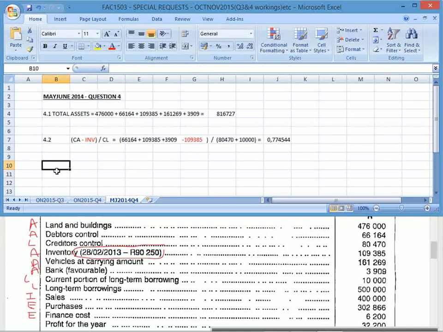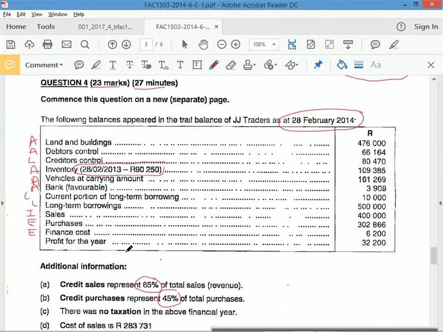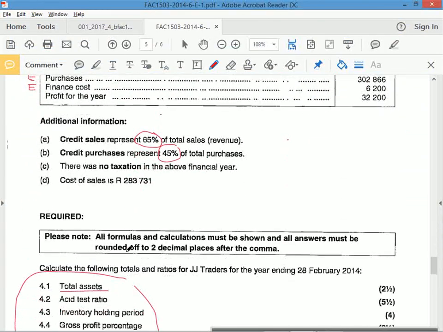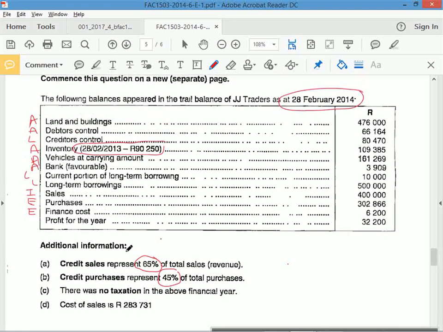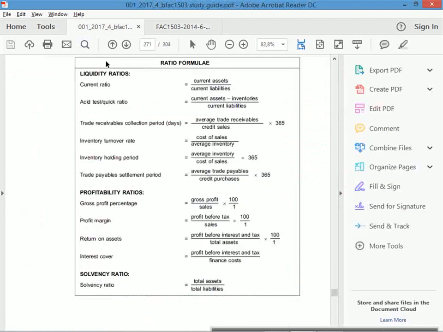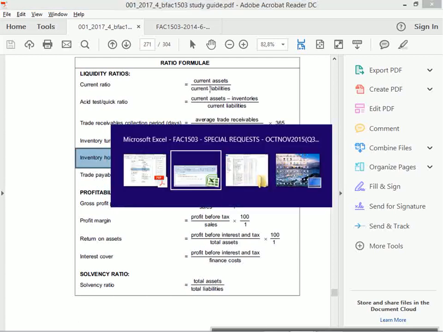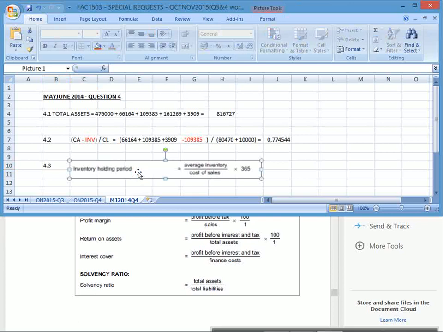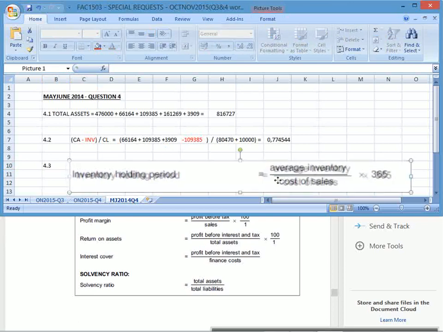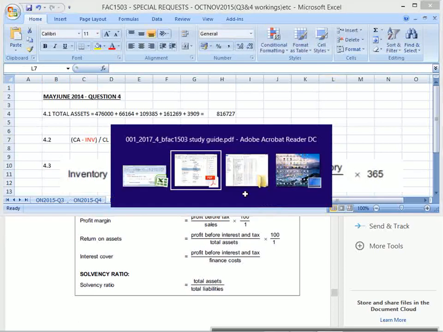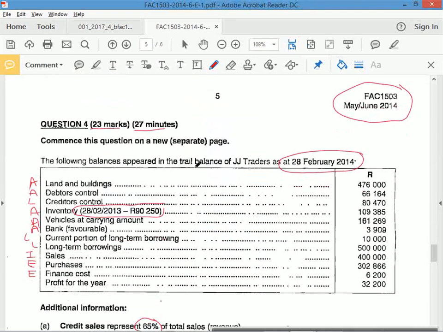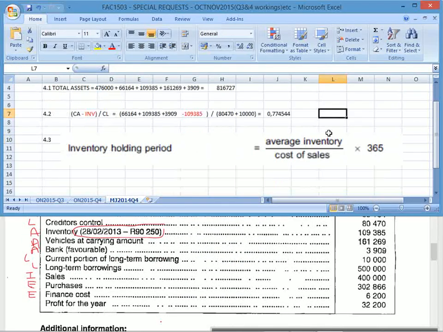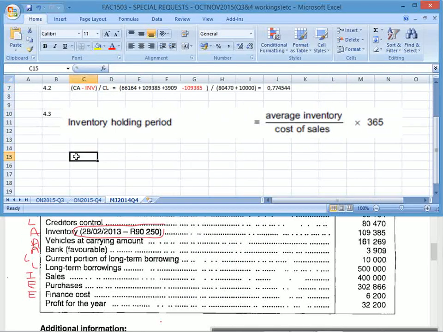Okay, 4.3. What do they want? Inventory holding period. In order to calculate the inventory holding period, I need the average inventory.